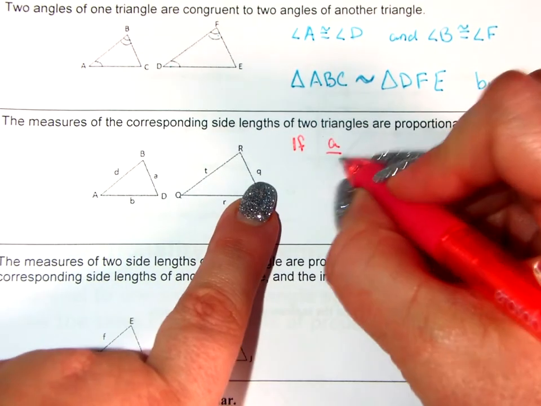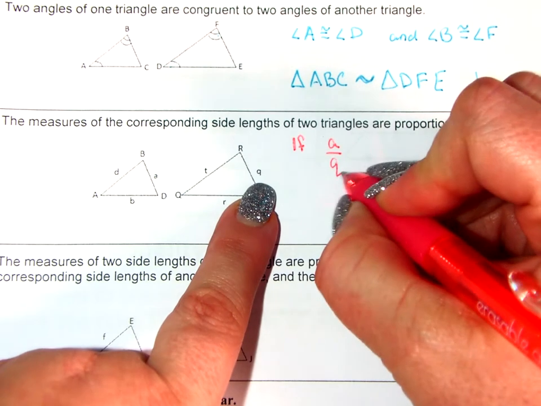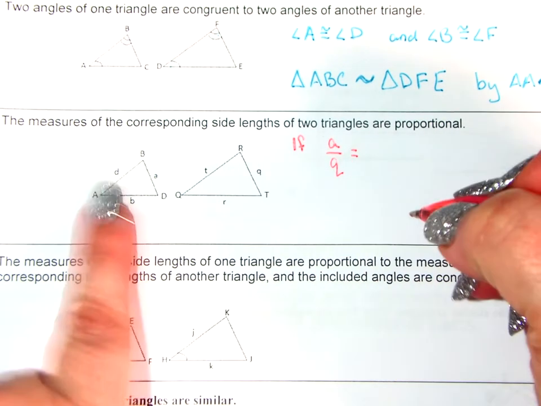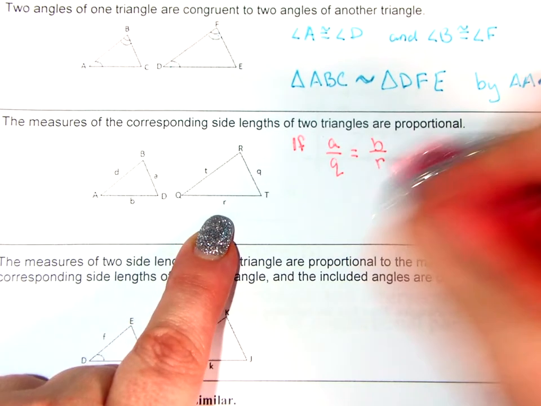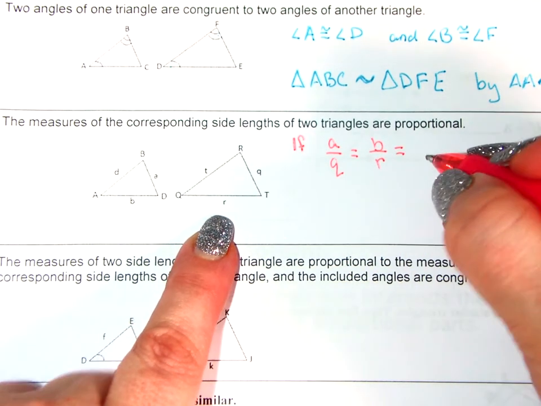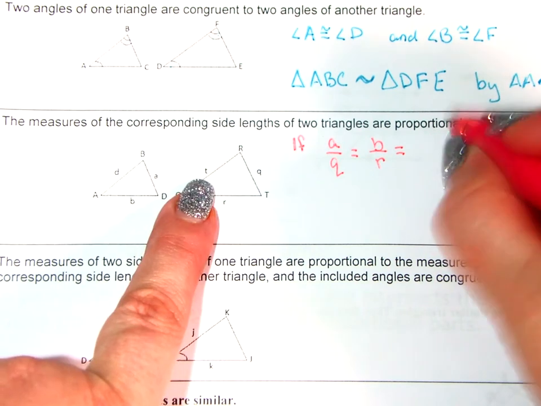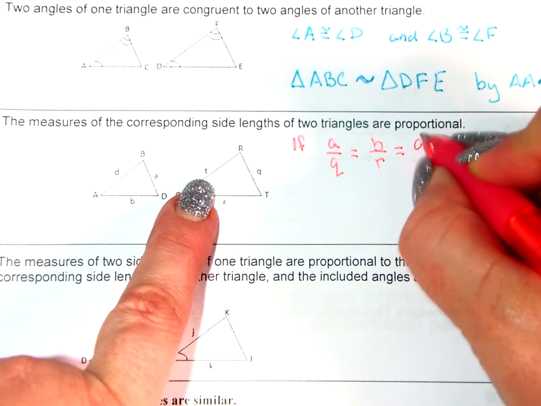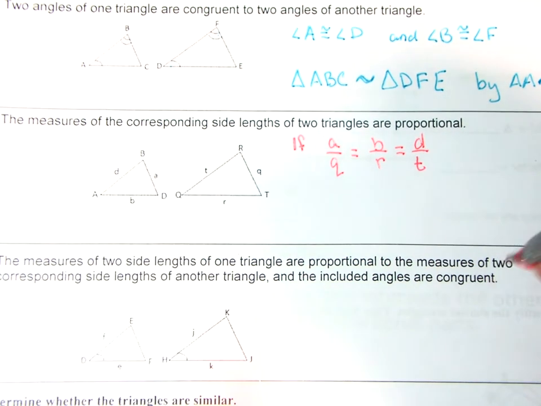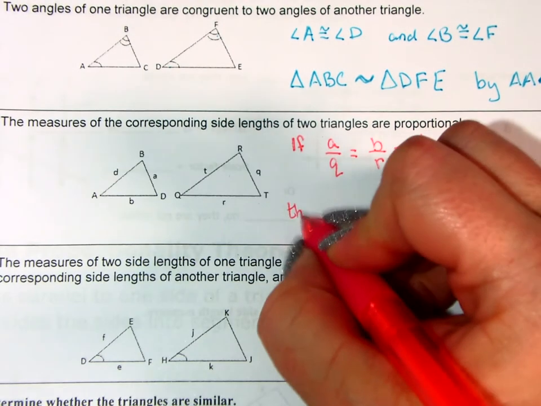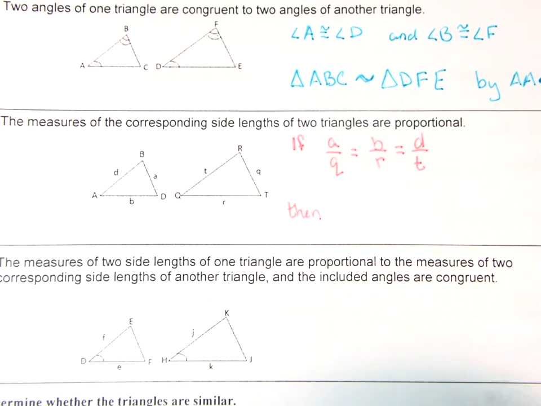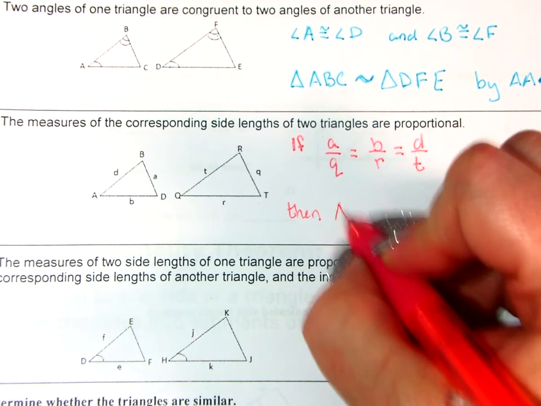So I'm going to say if A corresponds to Q, and if that ratio is equal to B corresponding to R, and if that's equal to D corresponding to T, if all of those are equal, then not only do we know a scale factor, we know the triangles are similar.